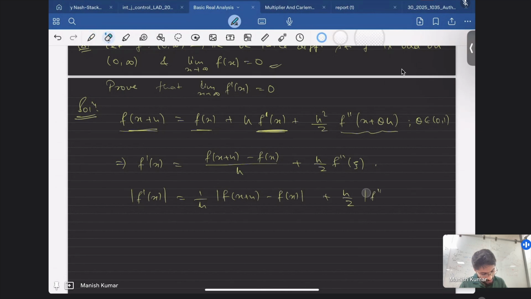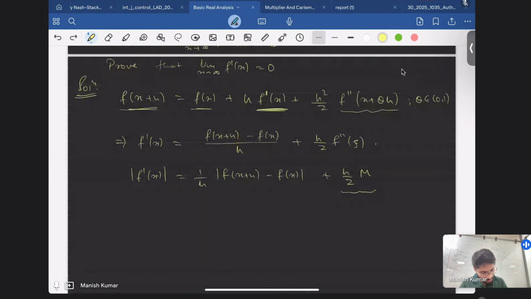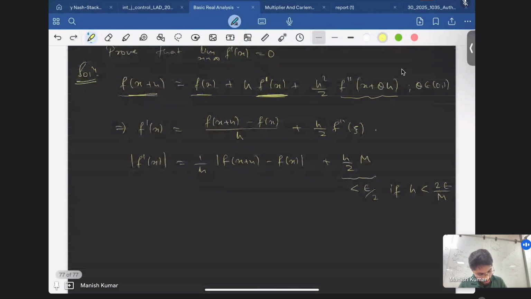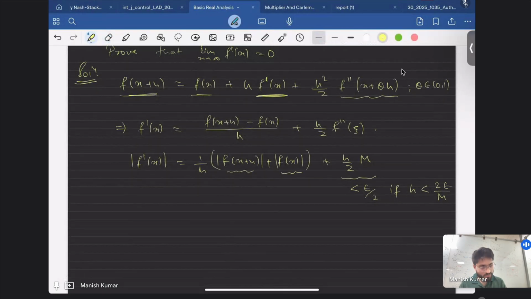Now this I can make a small epsilon by 2 if my h is less than 2 epsilon by M. And if I take my x to be very large, then the terms mod f of x plus h and mod f of x are going to 0. So from here I get a restriction on h.